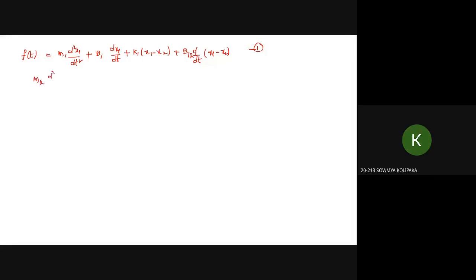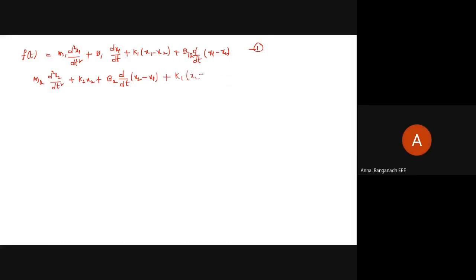M2 d square x2 by dt square plus K2 x2 plus B2 dx2 by dt. You can tell me, I will write. Minus x1 plus K1 into x2 minus x1.